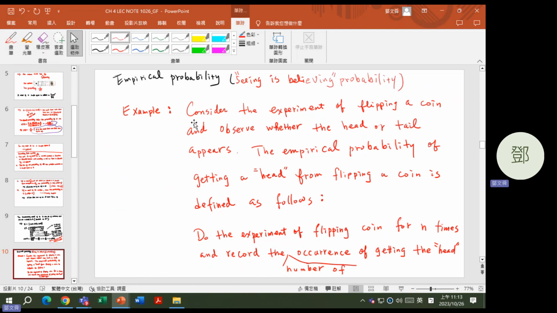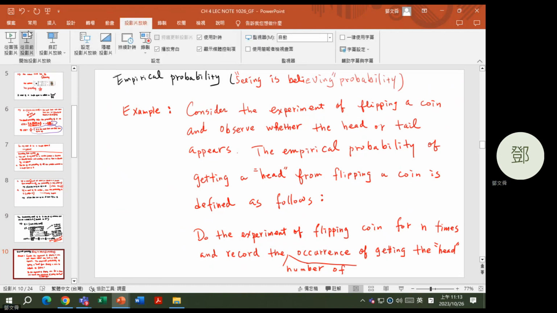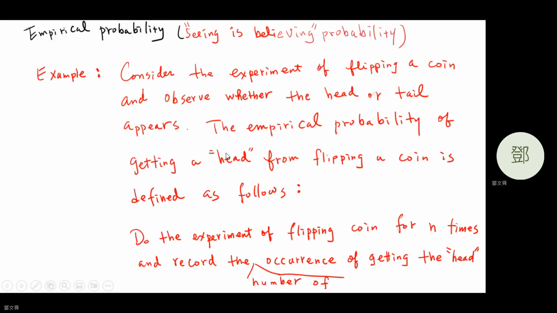Please look at this. I add a comment to the empirical probability. You can call the empirical probability "seeing is believing" probability. But what is classical probability?